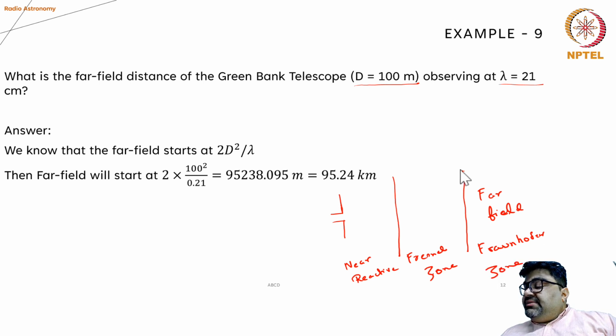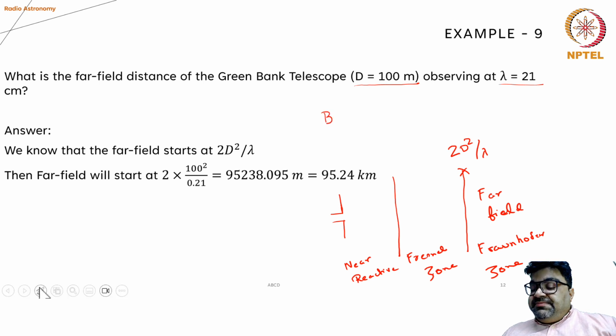This boundary between the near Fresnel zone and Fraunhofer zone is marked as 2d square over lambda. So the d is the dimension, so that 100 meter is the d.